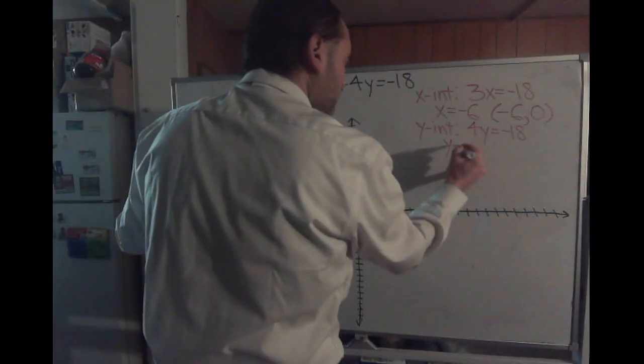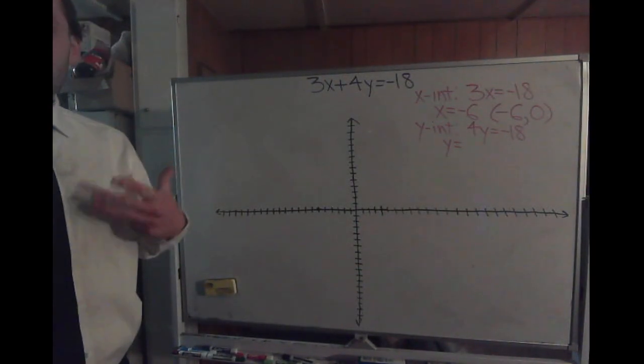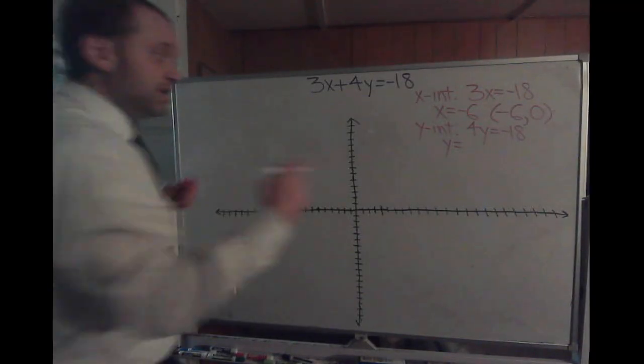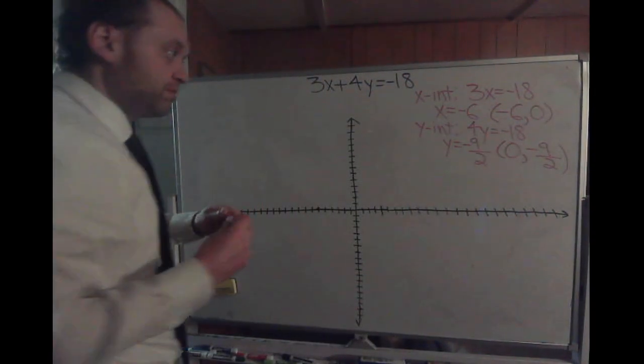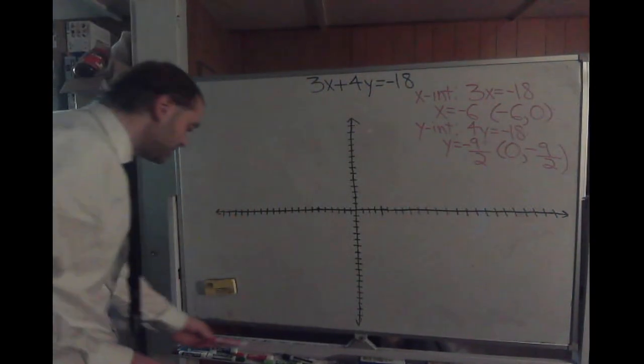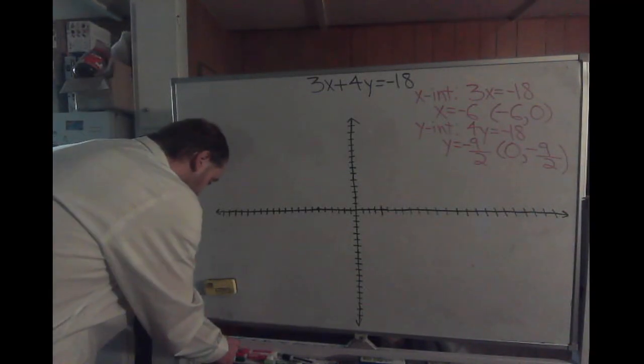Which then, of course, y would equal negative 18 over 4, which both have a common factor of 2. That would give you negative 9 halves. Y would equal negative 9 halves, meaning your y-intercept is at (0, -9/2), which is negative 4.5, if you're wondering what that is. So yes, you can get fractional answers.